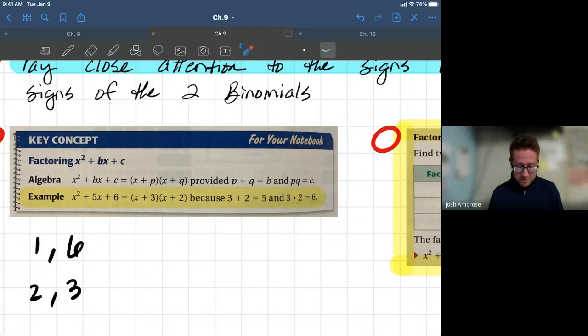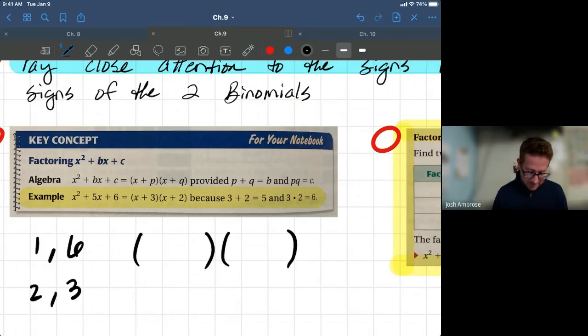Now, I know they filled in the answers already, but let's imagine that they didn't. And what we were doing is just putting blank parentheses. Okay? And in these parentheses, we always start by looking at that x squared, which is going to give us an x and another x, because x times x makes x squared.